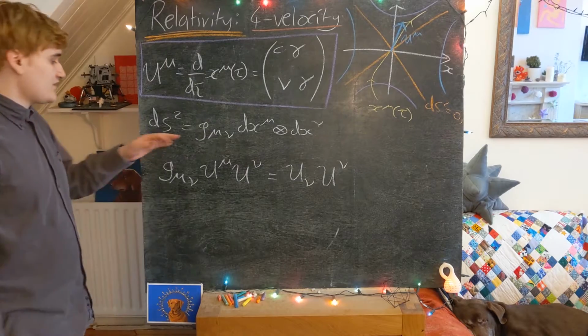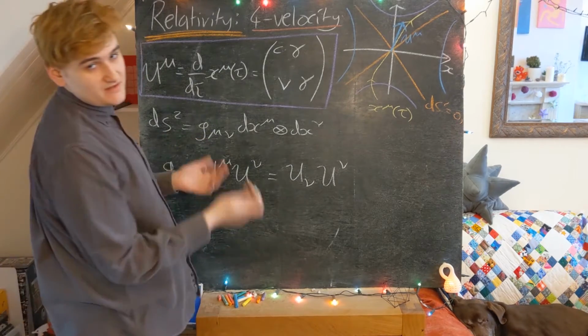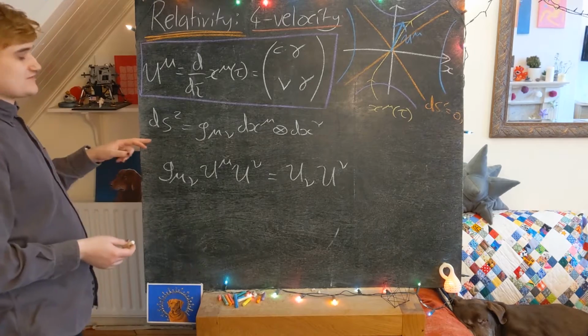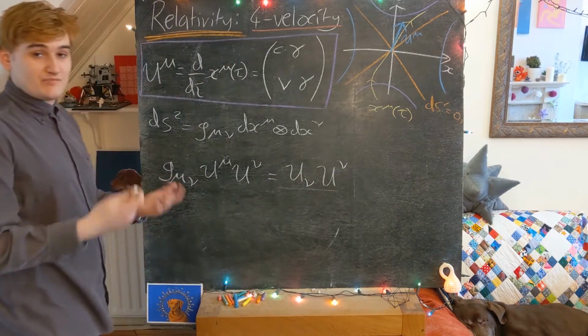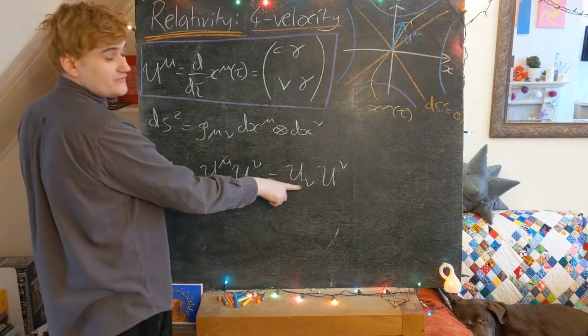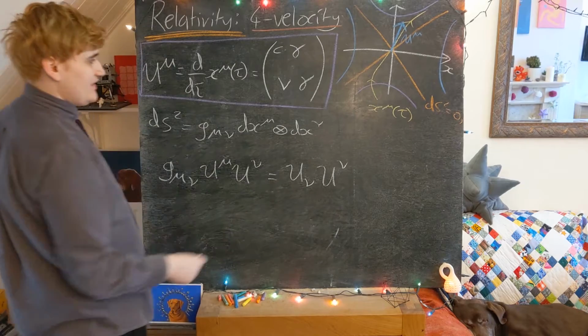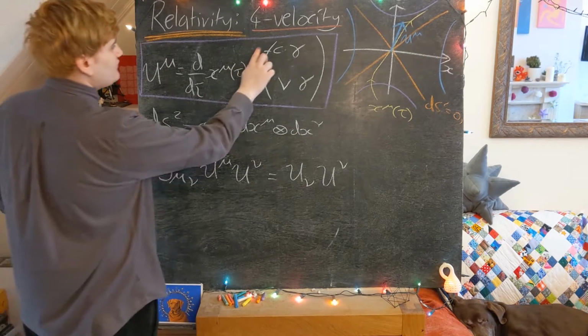And now because our metric is a really simple form, it's just a matrix with -1 and +1, this expression is fairly easy to compute because we can fairly easily work out what the one form u mu is going to be. We essentially just need to put a minus sign in front of the first component.